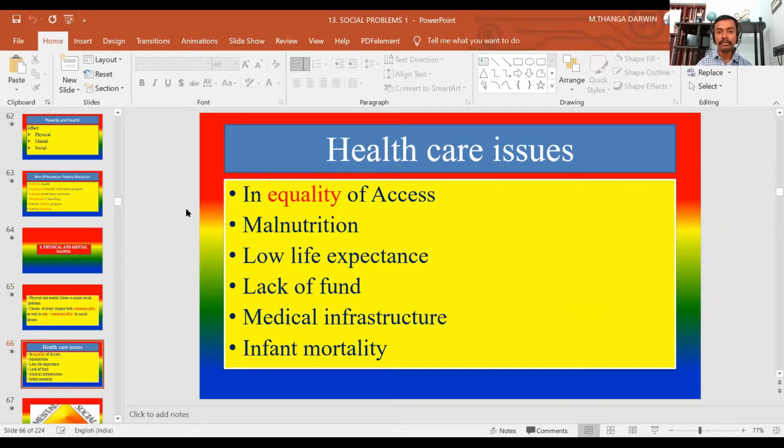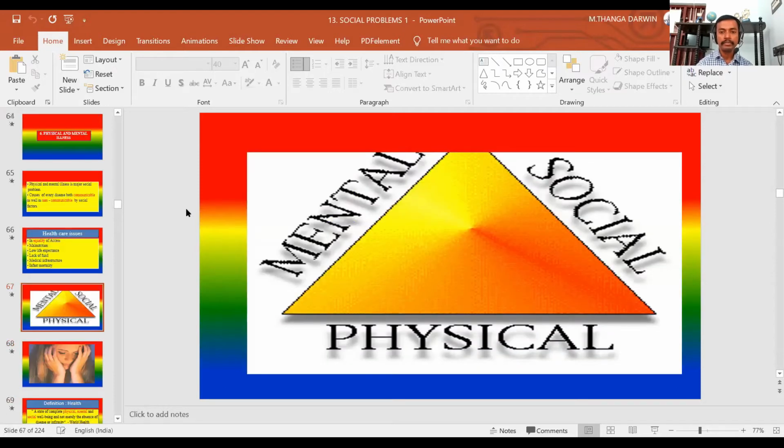First, equality of access. Higher sections of people get all the services, but the lower sections do not, despite the government's many programs. Next, malnutrition, low life expectancy, lack of funds, then medical infrastructure, then infant mortality, which is very, very high.